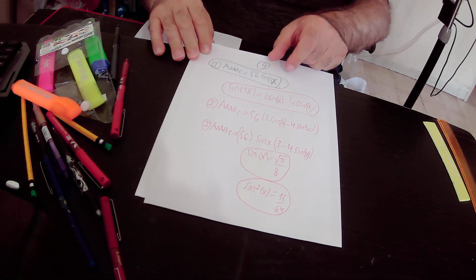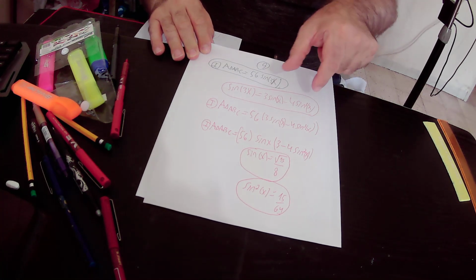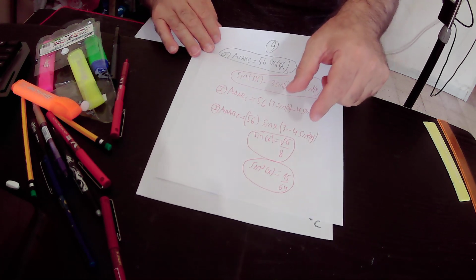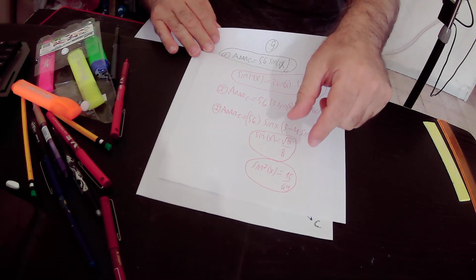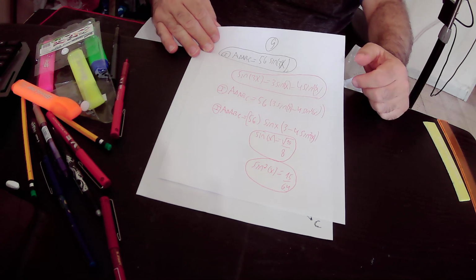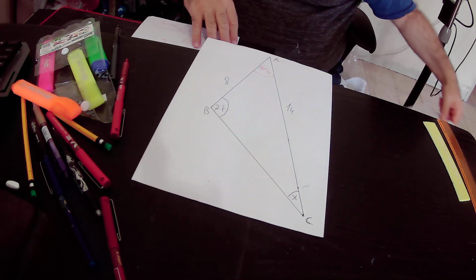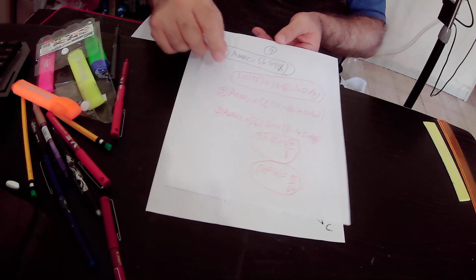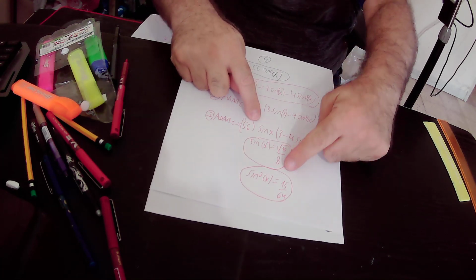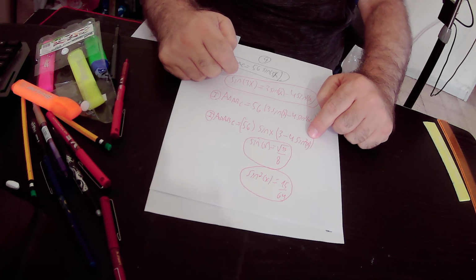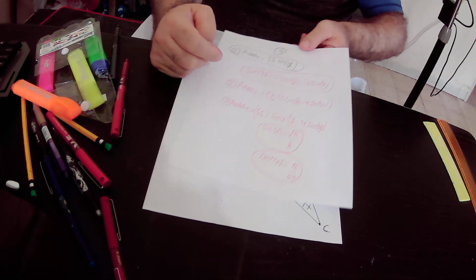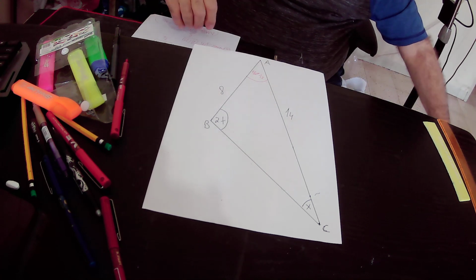We substituted sine 3x by this expression, and we know the value of sine x and also the value of sine square x. So the only thing left is to substitute sine x by root 15 over 8 and sine square x by 15 over 64, and we find the area of triangle ABC.